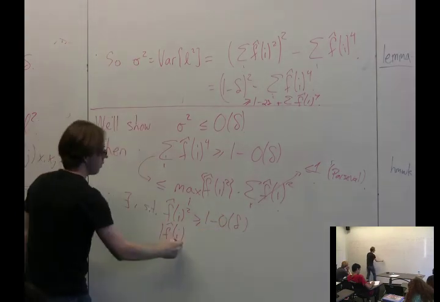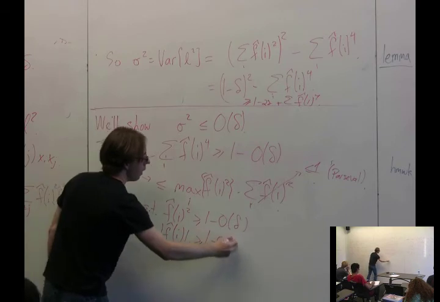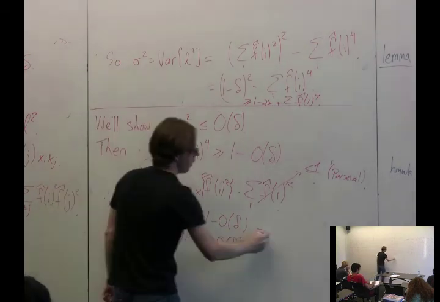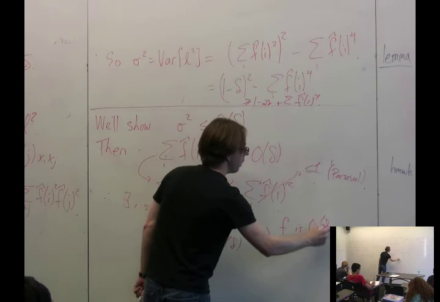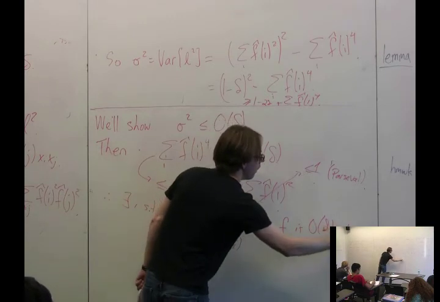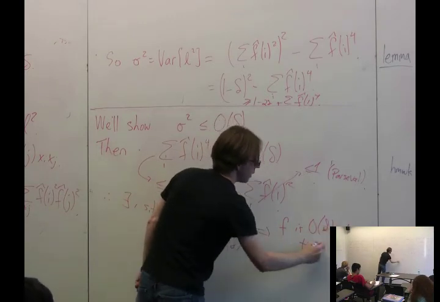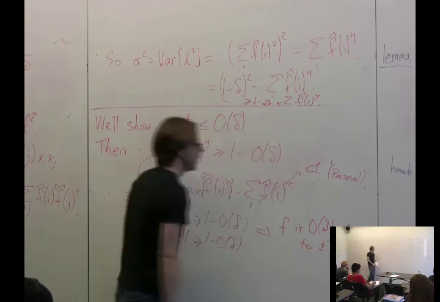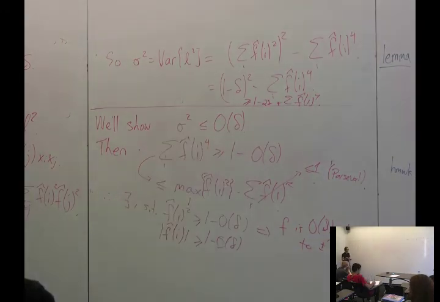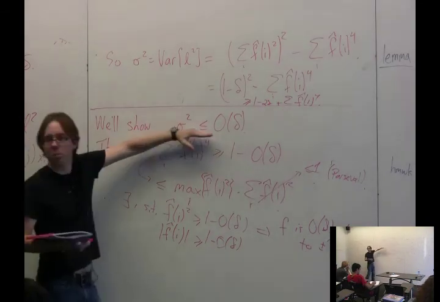F hat I in absolute value is at least 1 minus O of delta. That's f is delta close to the dictator, well, to plus or minus chi I. So this is what we need to do to finish the proof.